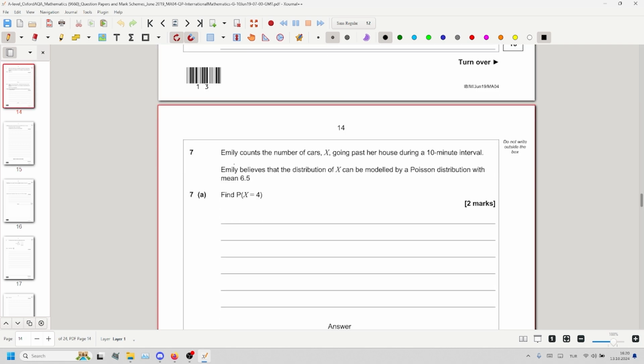Emily counts the number of cars X going past her house during a 10-minute interval. Emily believes that X is modeled by a Poisson distribution with mean 6.5. It asks us the probability that X is equal to 4. That's super simple. Let's do it quickly.